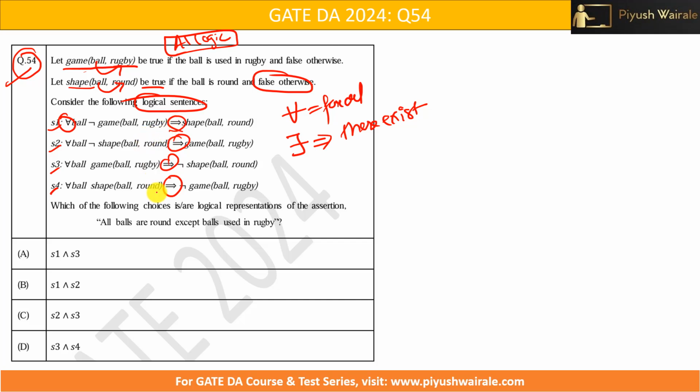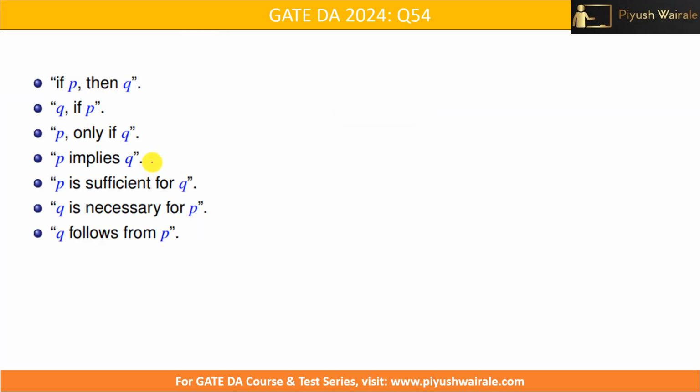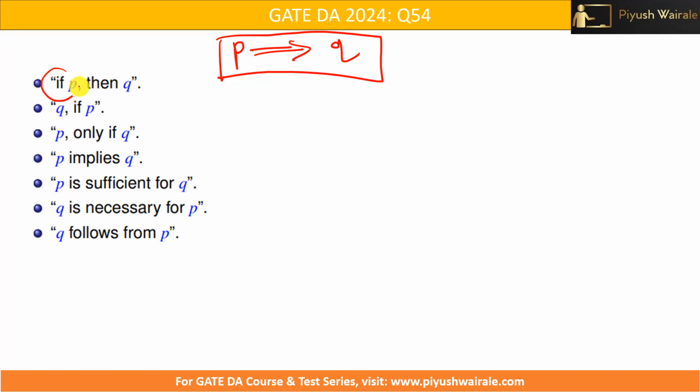Before solving this question, let's quickly revise the concept of implies. When I say P implies Q, how do we read it? It reads as: if P then Q. Very important.